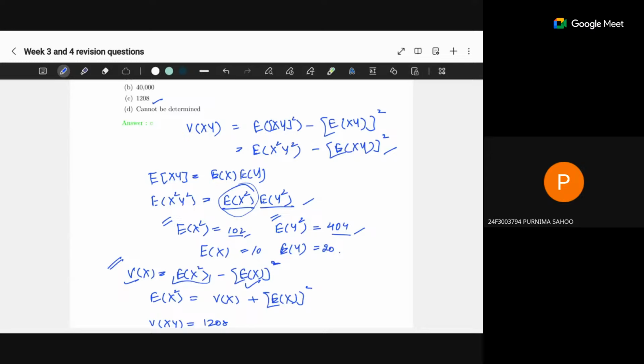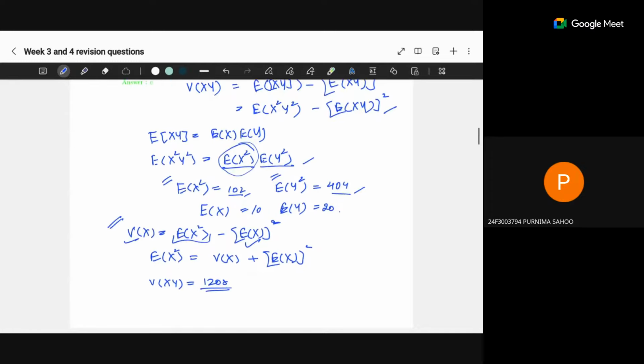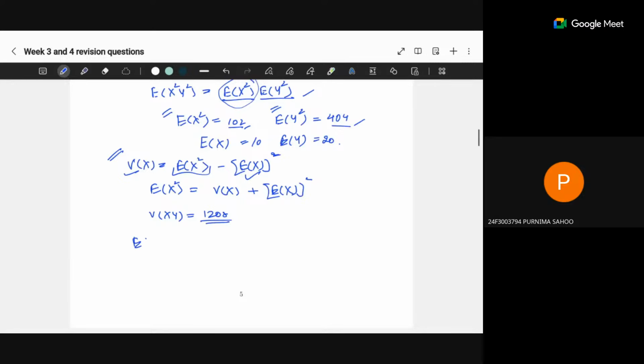We did not find that expectation of xy whole square. So expectation of xy, considering x and y independent, is basically expectation of x into expectation of y. If we have this value, I just have to square it, right? Yes.